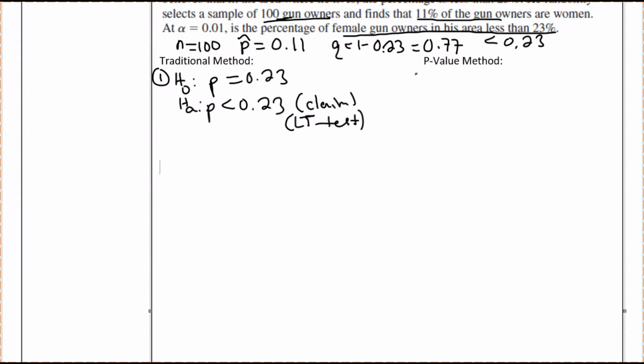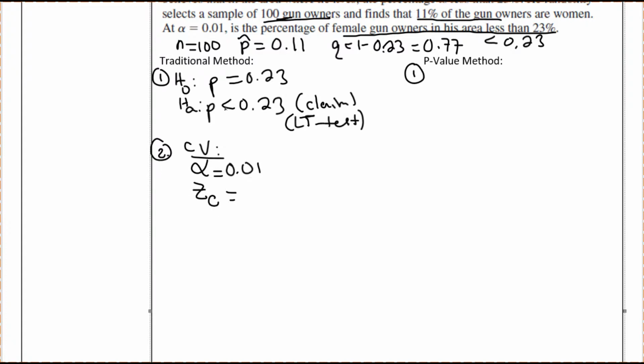Now, the p-value is going to be the same as it was for traditional, but let's do step 2 first. Step 2, we're going to again do the critical values. Since we're doing a left-tailed test, all we need to do is look up alpha. We're going to simply look up 0.01 and get our critical value.